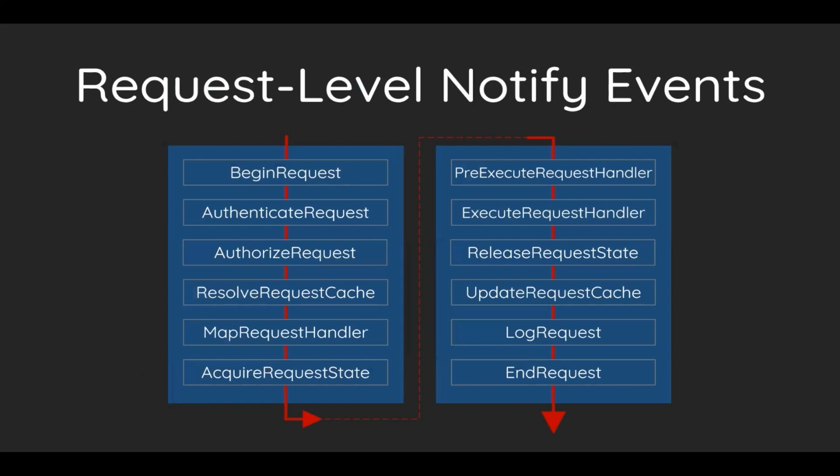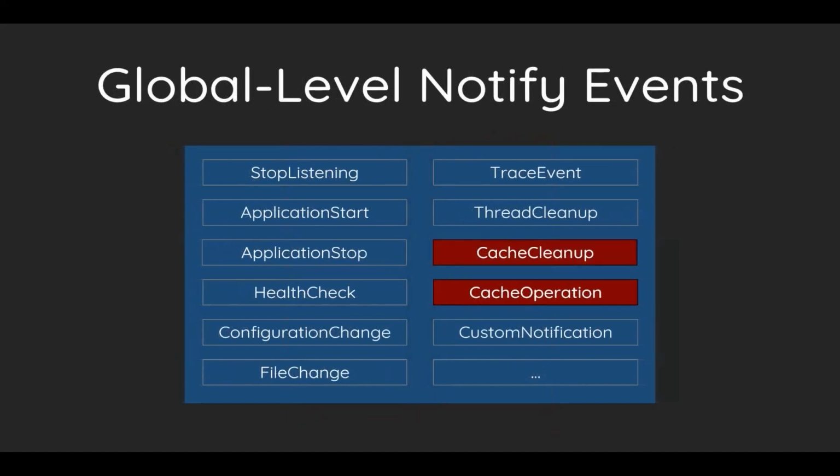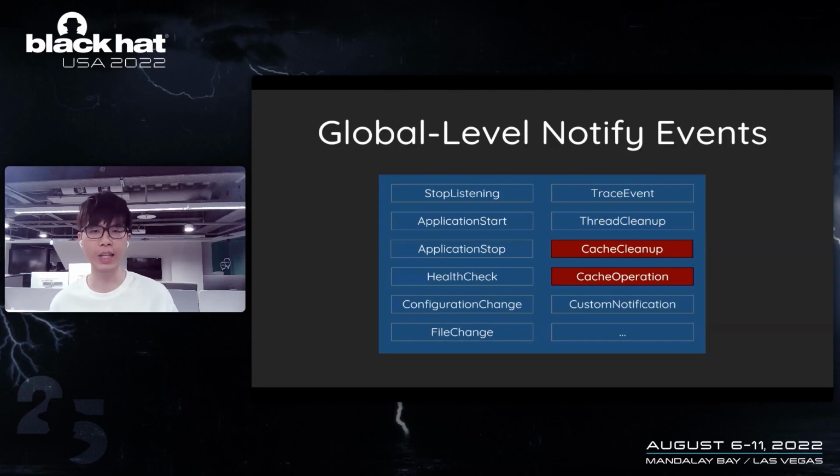There are several events in a lifecycle. A module can subscribe to its interesting events to complete its logic. There are also global events that a module can subscribe to. For example, the cache provider subscribes to the events cache cleanup and cache operation to manage the cache between modules.